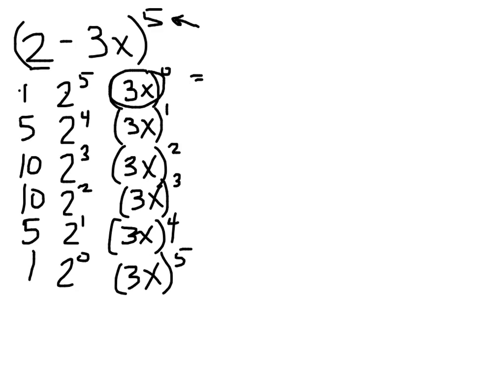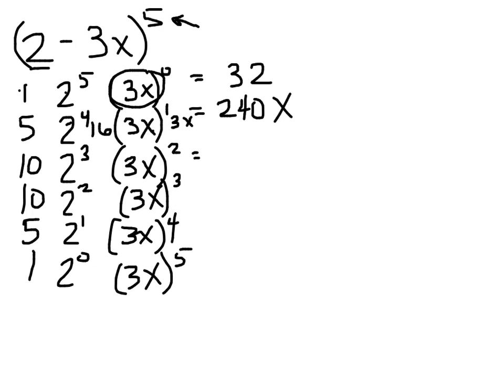1 times 1 times 2 to the 5th is 32. Then the next one. When you take 3x to the 1st, you actually get 3x. 2 to the 4th is 16, and a 5. So what I have to do with the numbers is take 16 times 5 times 3. The 3 came from the 3x, so I get 240x.